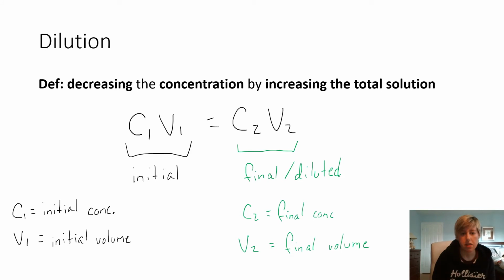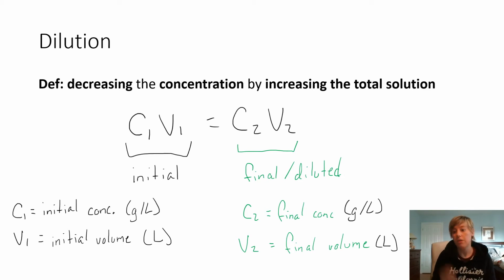Now, the key thing is that my concentration is measured in grams per liter, both my initial and final concentration. The unit is grams per liter, and my unit for volume for both would be liters.